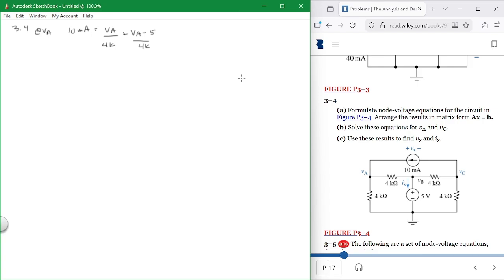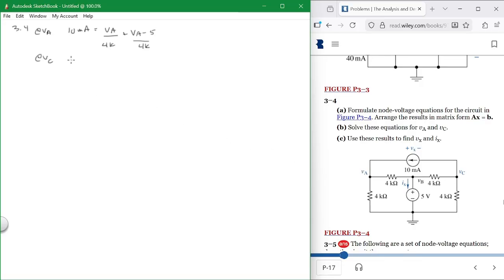Okay? Now, we can write VB, but we don't have to. We can just say VB is equal to 5 volts. Over here, we have another voltage, which is called VC, and it's the only other unknown voltage. At VC, what's going in? It's this right here, going left or right.